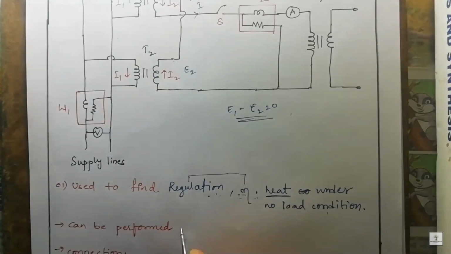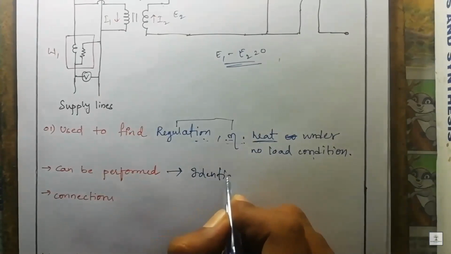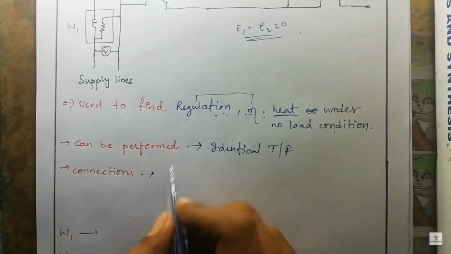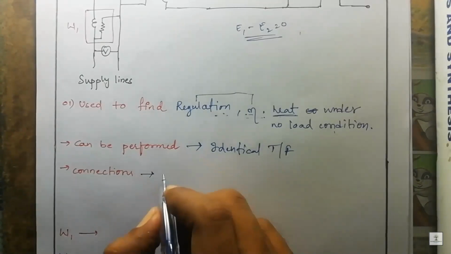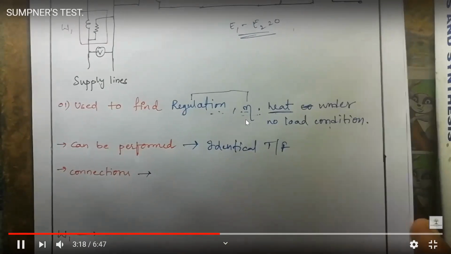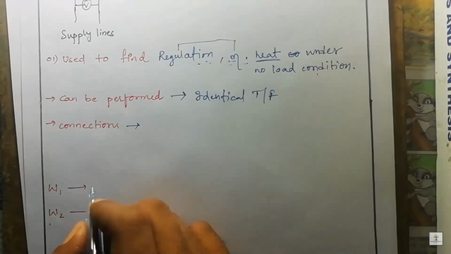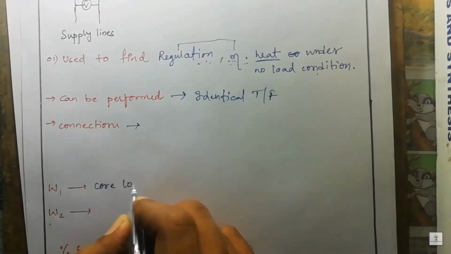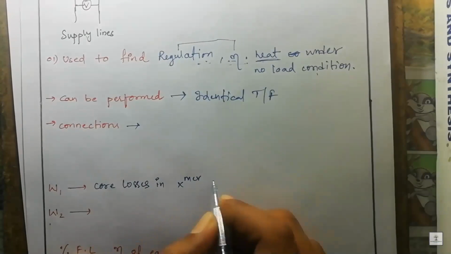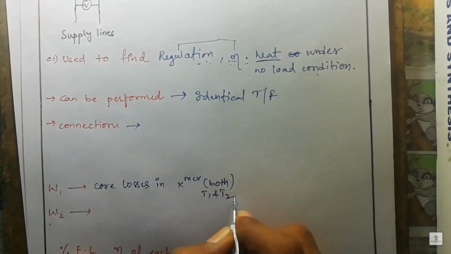Let us write these steps. This can be performed only for identical transformers. Connections: I will give the connection configuration in the PDF. Let us complete the video first. And wattmeter one will read the core losses in both the transformers, that is T1 and T2.